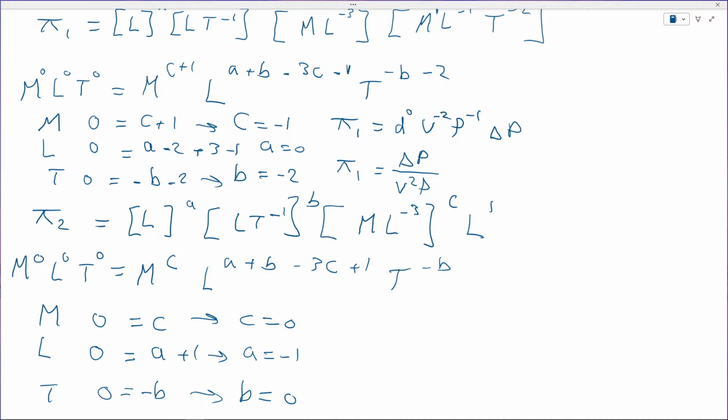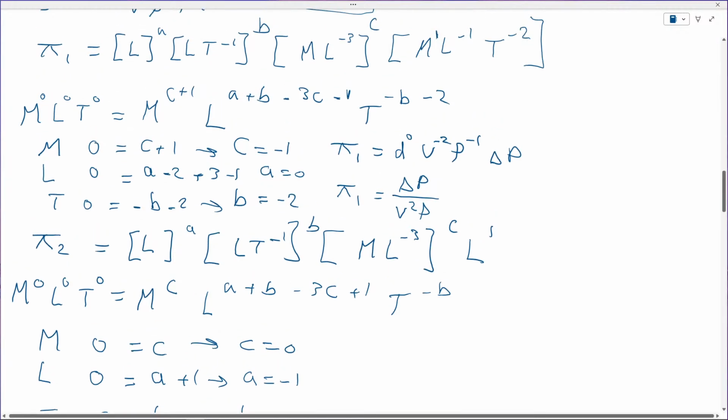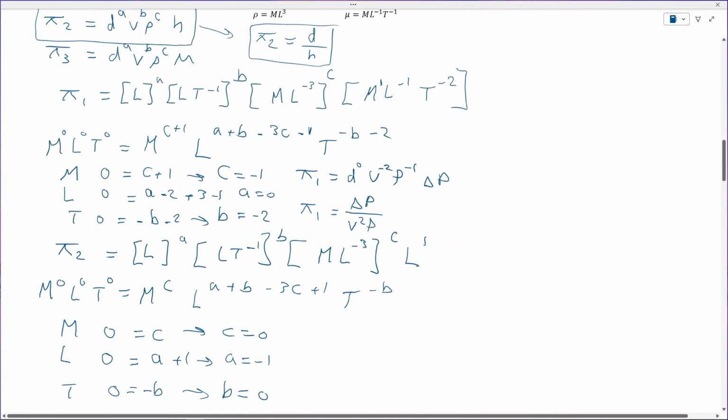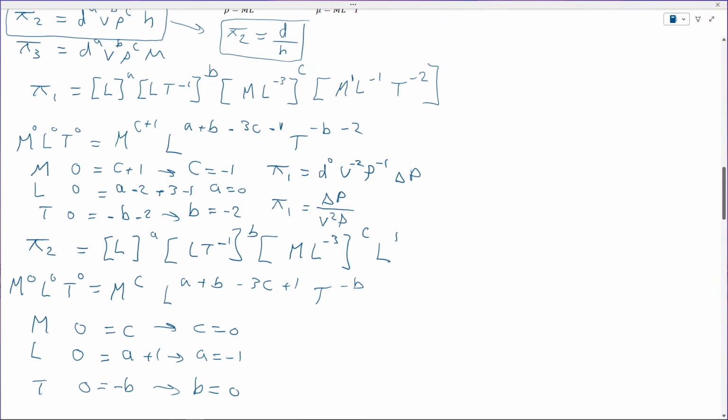So can we write our pi 2? Yes, we can. So pi 2, remember what this was? Here, that is L to the power A, that's D to the power A, and A is equal to minus 1.